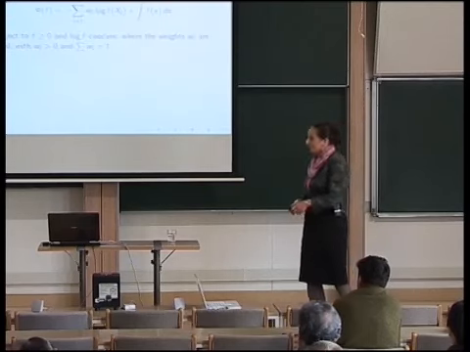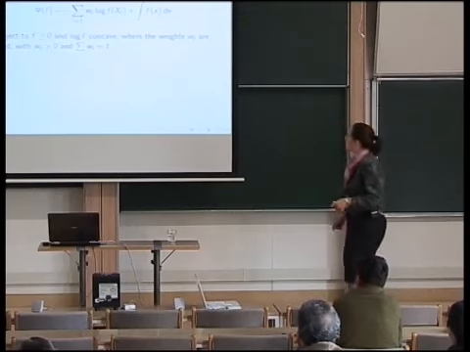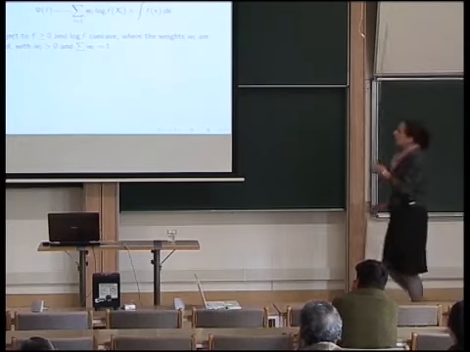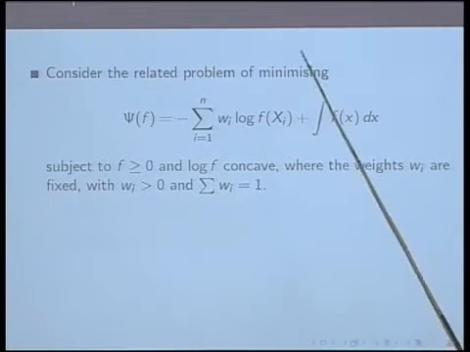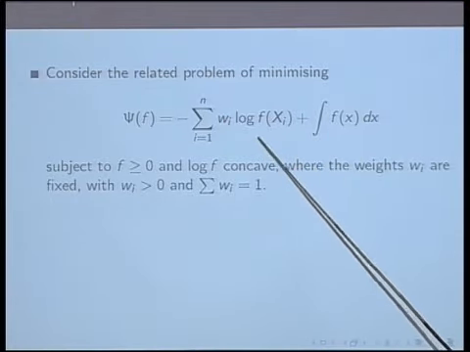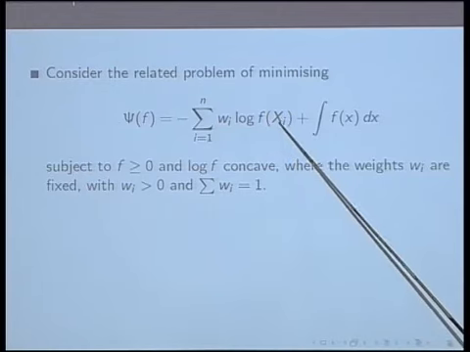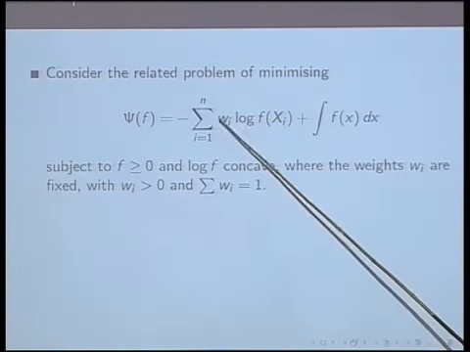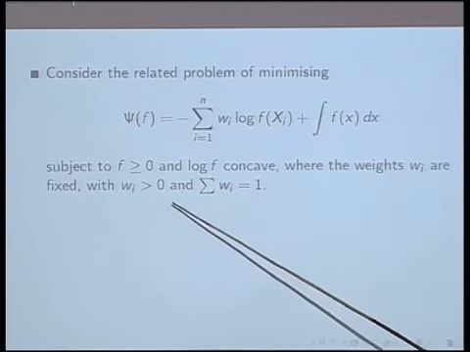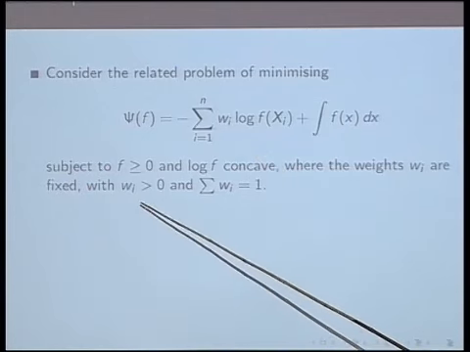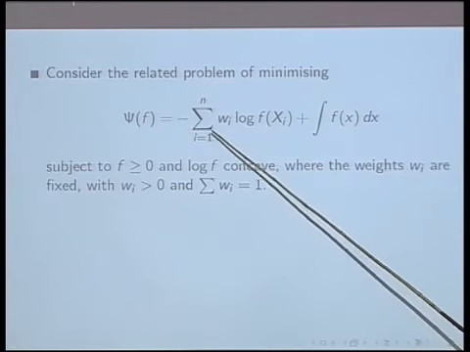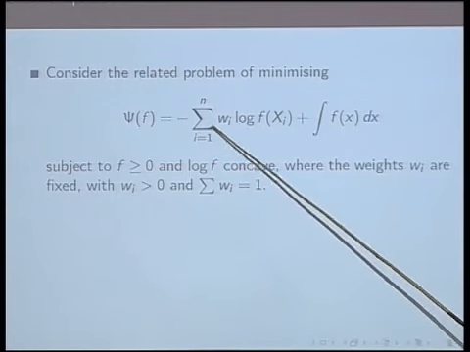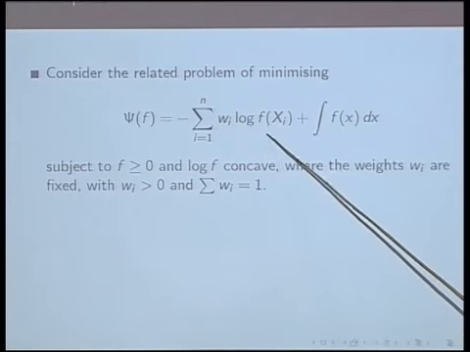Okay, so this is the problem we've got to solve to do this likelihood maximization. These are our observations. The first term is basically minus the log likelihood, so I've written this as a minimization problem. I've written this with w_i here to make it a bit more general, so these weights can be arbitrary, but in the real maximum likelihood setting, these would all be 1 over n. So this is 1 over n sum of log f_i, the log likelihood.